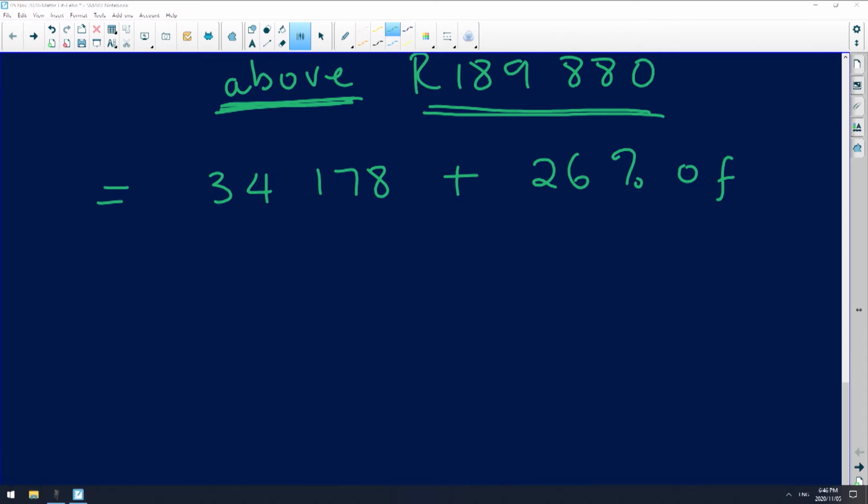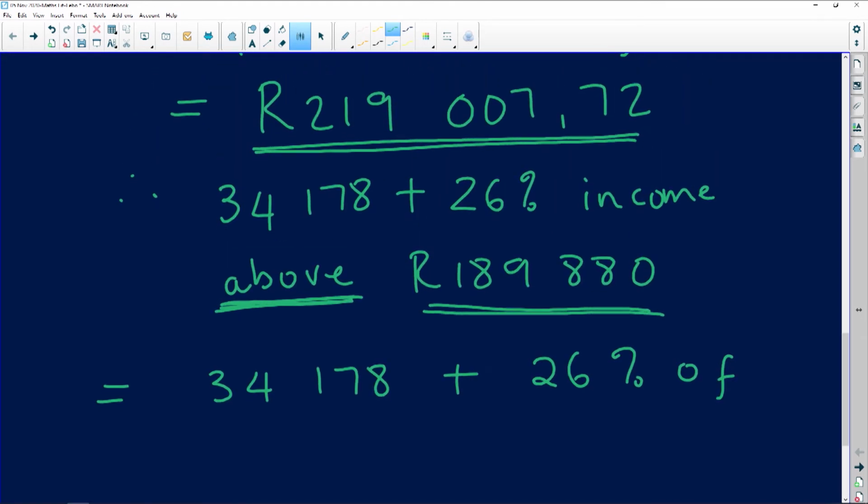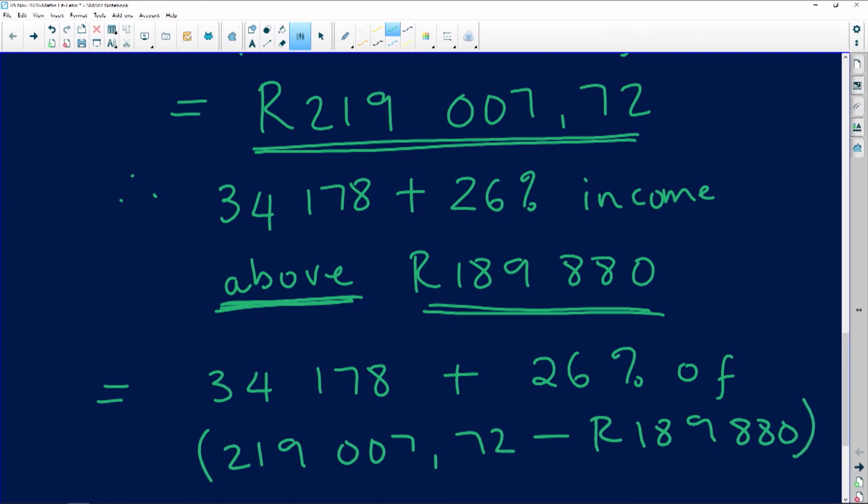I want to see what that amount was again that we've calculated. Let me actually put it down so you can see. Of 219 minus 189,880. Okay.